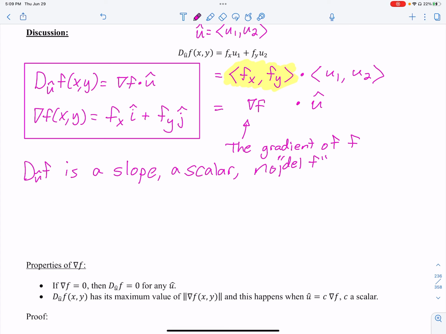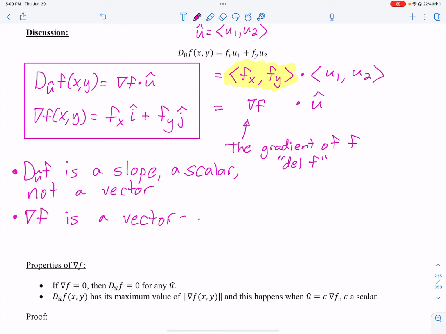The gradient of f is a vector, and it relates to the grade, or the climb. Not a lot of people ever remember what that means. The grade of the surface.